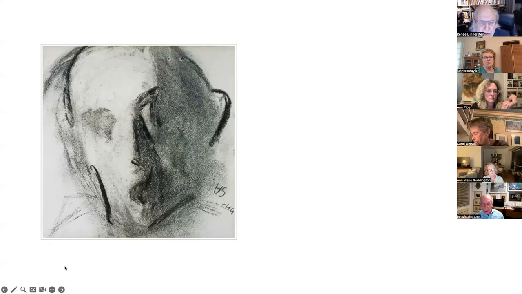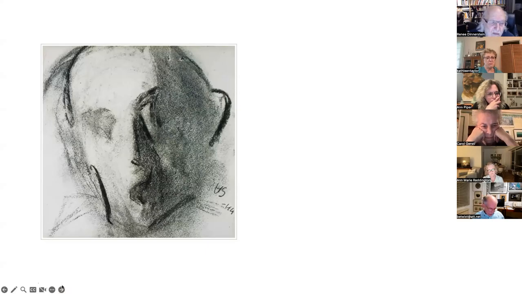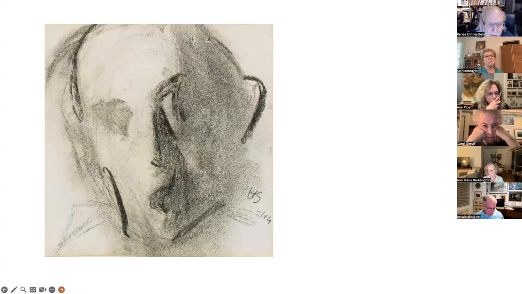I think this is stunning. This one might be the better one, but they both look very good. But this might be the better reproduction. I think that this is the same drawing.